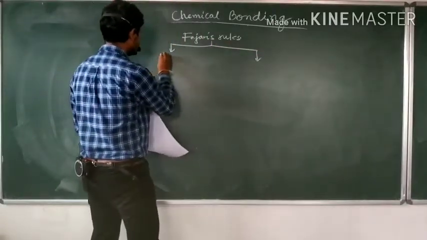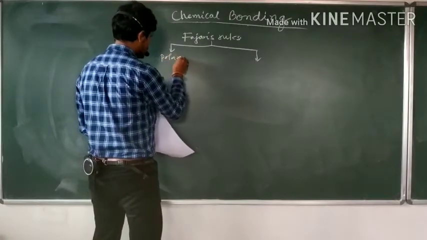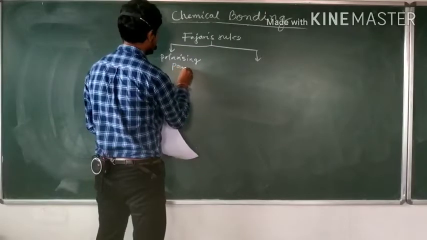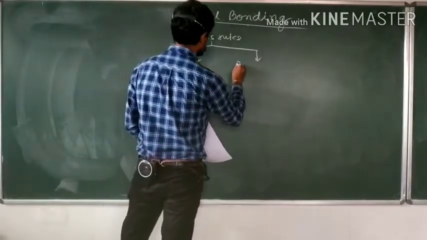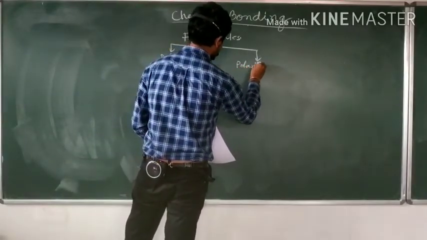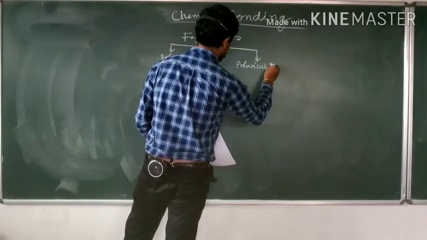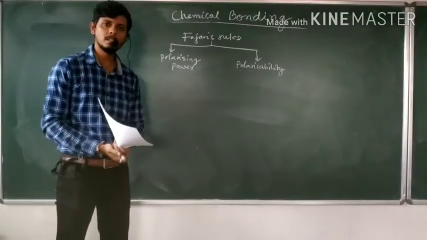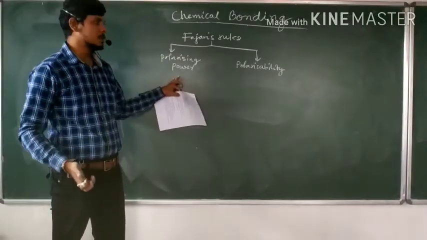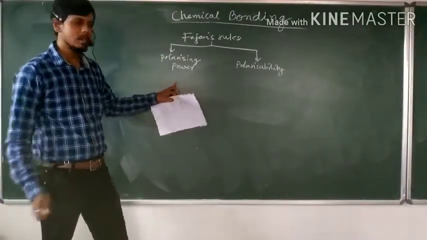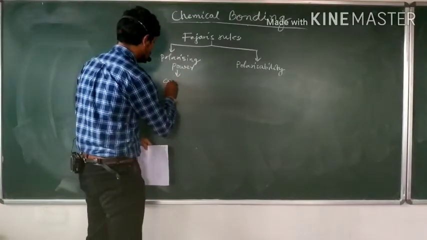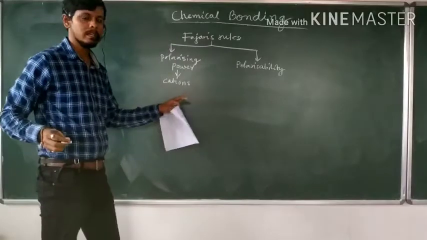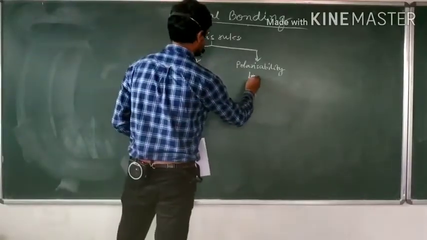there is polarizing power and the other is polarizability. The term polarizing power is generally used for cations, and polarizability is generally used for anions.